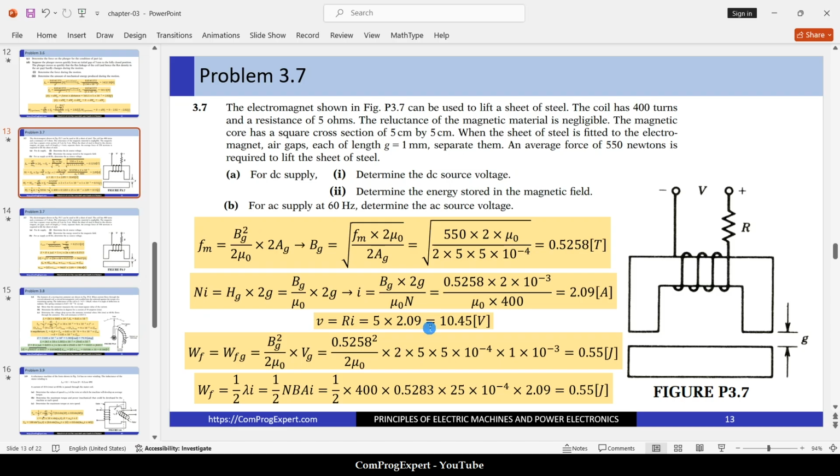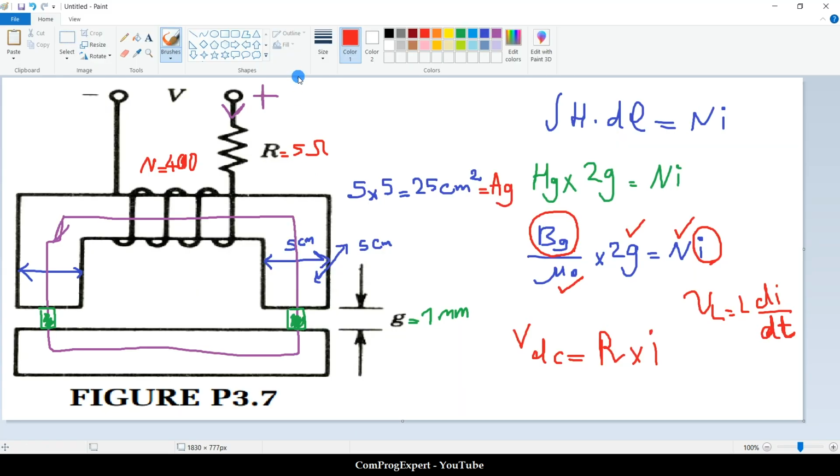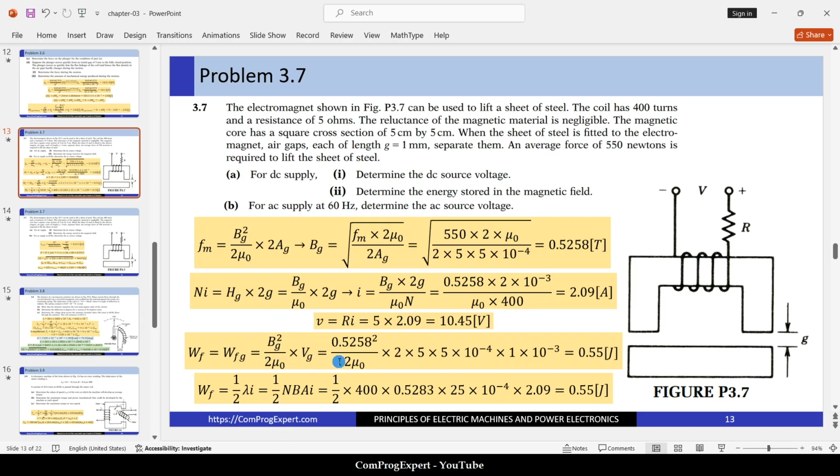Also, you can calculate the energy stored in the magnetic field using this equation. Yes, I calculated this number using another equation just for comparison. So you know that we can calculate the energy stored in a linear system using this equation, 1 divided by 2 flux linkage times current, or using field quantities, this equation.